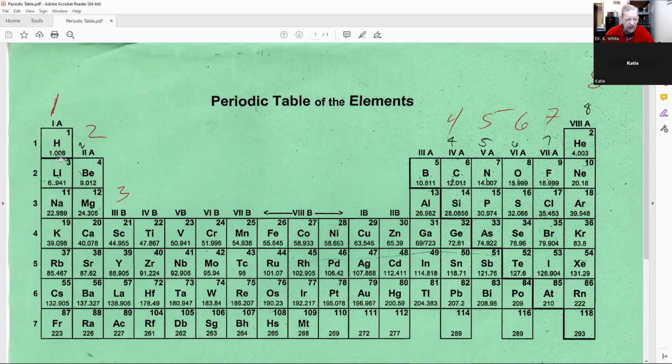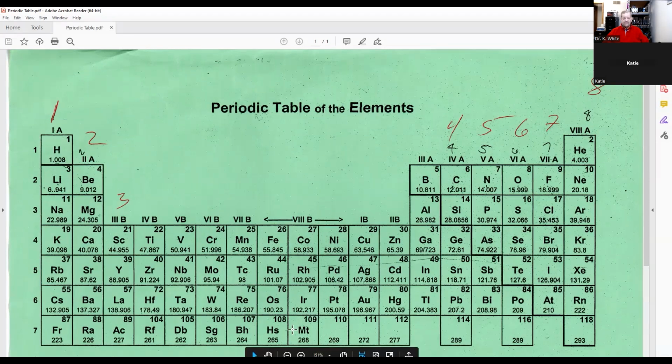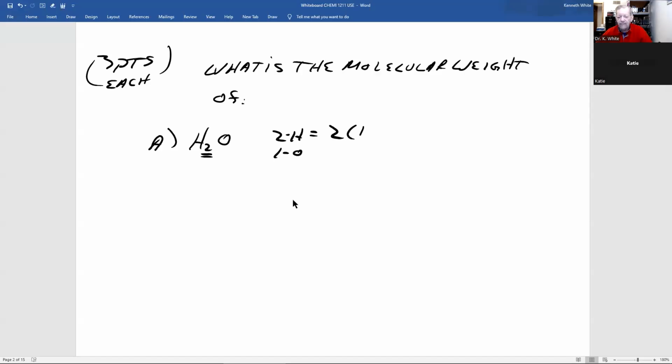So the 3 significant figures, hydrogen atomic weight is 1.01. And there it is. And I'm multiplying it by 2 because you have the sum of all atomic weights.